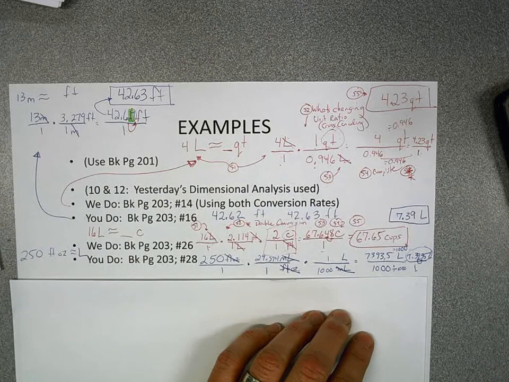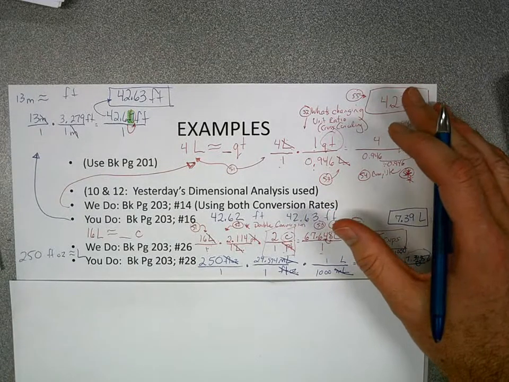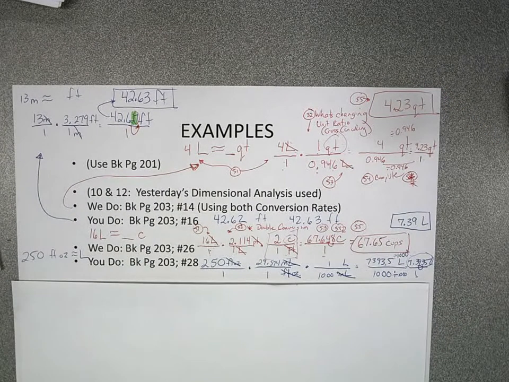Okay. Now, here's the one little thing I do want to talk to you guys about just really quickly. Take a look at page 204 and look up at the top, problem 32. It does say order each group of rates from least to greatest. Ladies and gentlemen, like anything else, when we order them, you have to pick one.